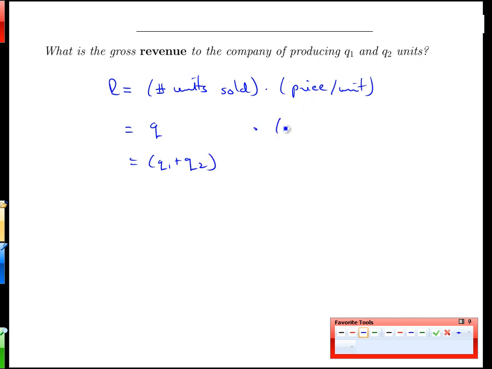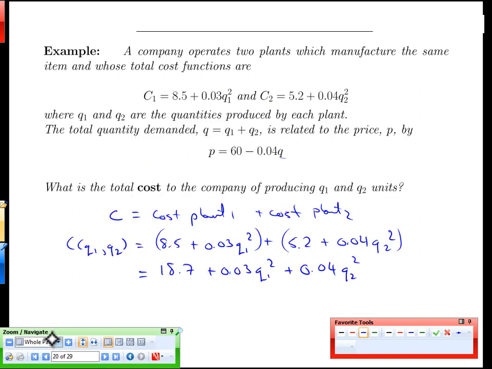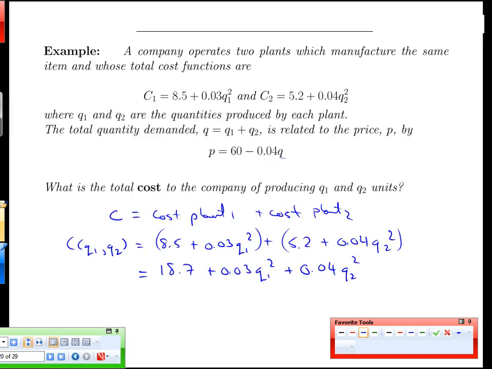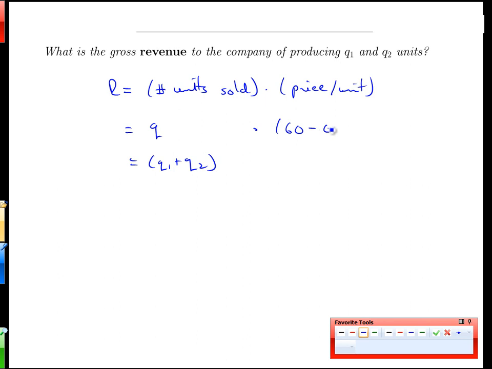The price per unit sold, we were told, will be 60 minus 0.04 Q. But once again, that total production can be divided into the production at each center, so we're using our total production being the sum of the individual plant productions. So here we'd have minus 0.04 in brackets Q1 plus Q2.